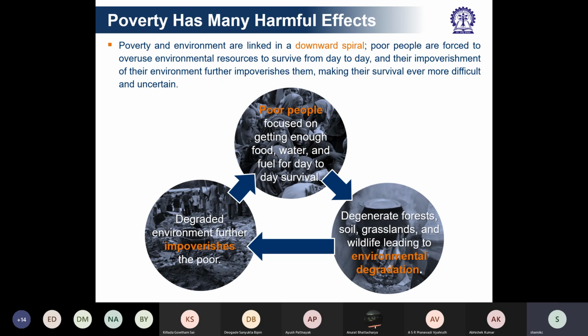They do not have the luxury of worrying about long-term environmental quality or sustainability. So even though the poor in developing countries have no choice but to use few resources per person, their large population size leads to a high overall environmental impact.